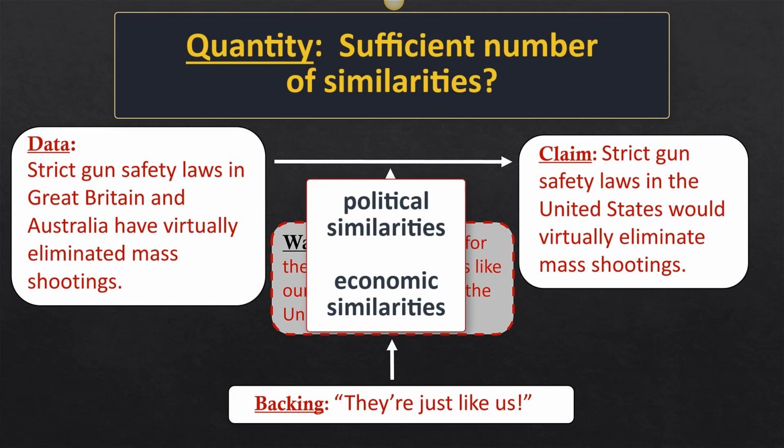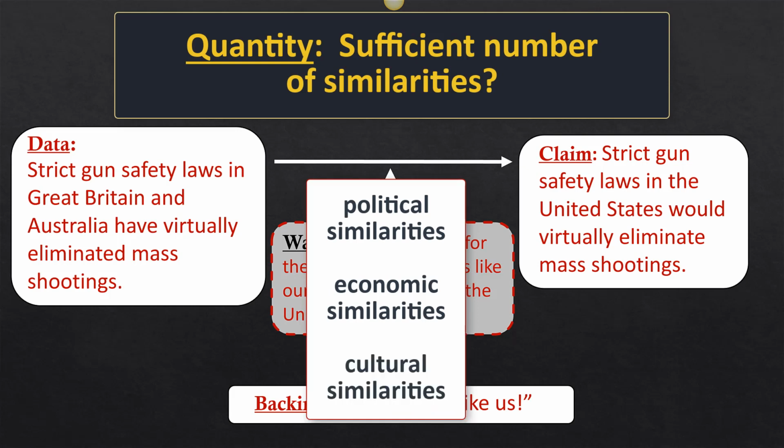So economically as well as politically, there's a lot of similarities. In terms of popular culture and language, there are a number of similarities as well. So again, note that President Obama is not delineating all of these. It's up to the audience to infer them in this particular instance. But so far, it seems like there are a lot of similarities between Great Britain and Australia on the one hand, and the United States on the other hand.